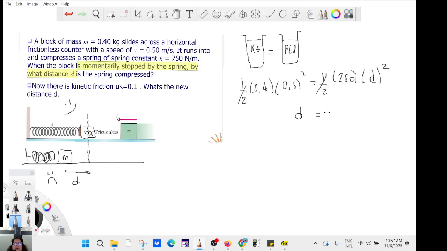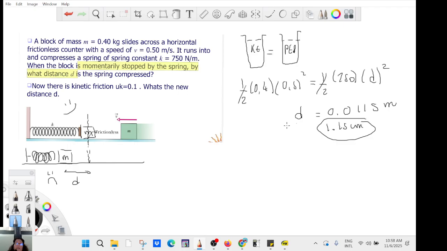Get a calculator. Do it. The answer is 1.15 centimeters.